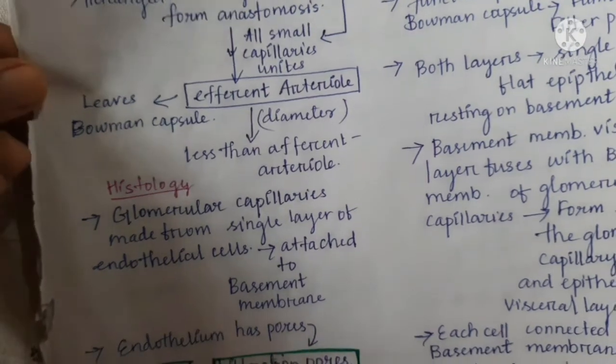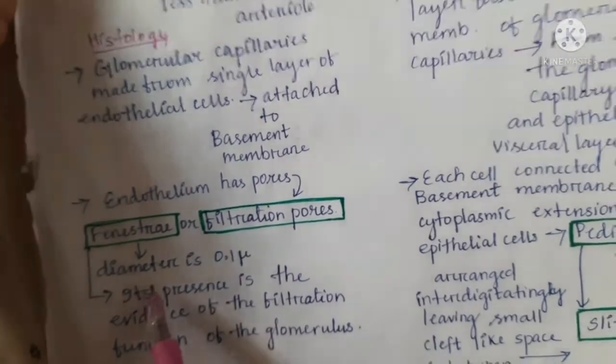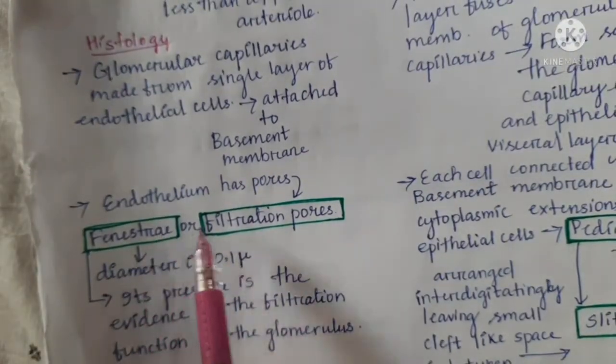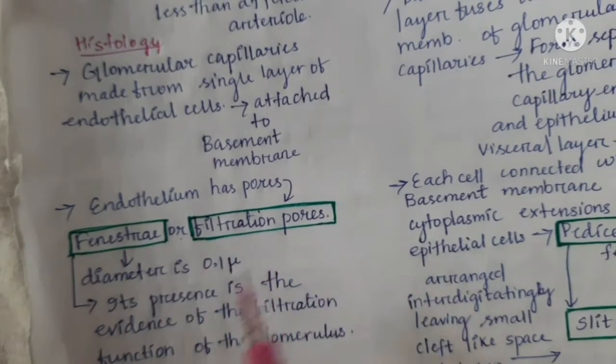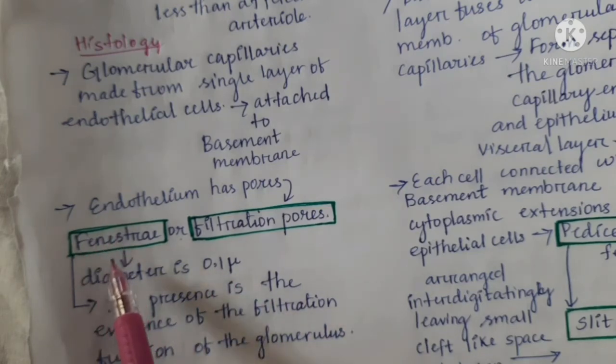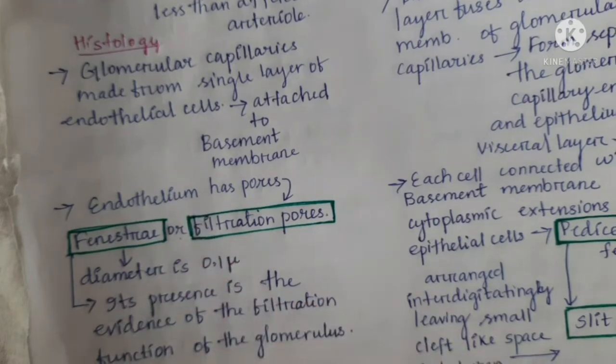And the endothelium has pores. These pores are known as fenestrae or filtration pores. The diameter of the fenestrae or filtration pore is 0.1 μ. And the presence of these fenestrae is the evidence that filtration is one of the functions of the glomerulus.